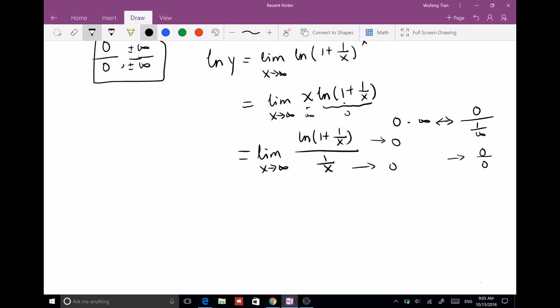Alright, I would like to ask a student to help me here. How do I use L'Hopital's rule here? After I take the derivative, what do I get? Can anyone help me with it? Okay, I'll give you 2 minutes. You take the derivative on the top, take the derivative on the bottom, see what you get.